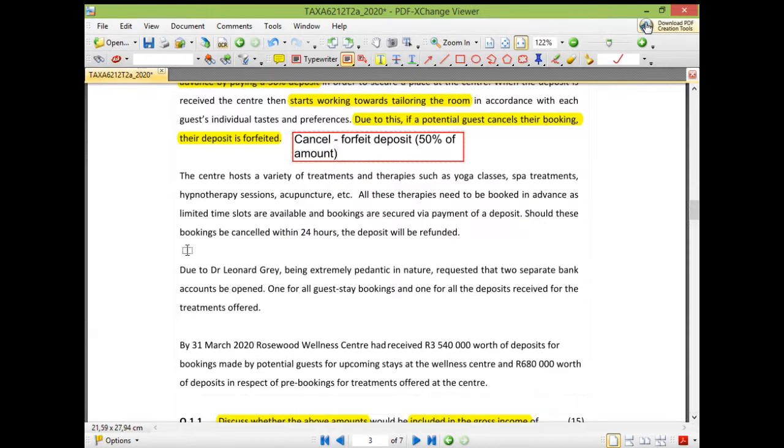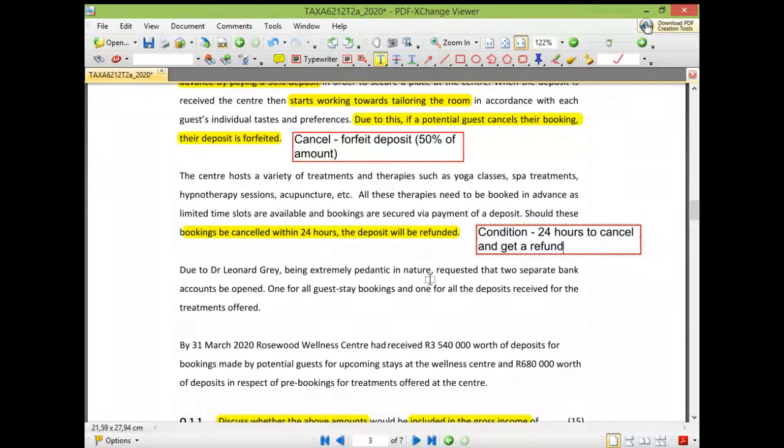Should these bookings be cancelled within 24 hours, the deposit will be refunded. So this one has a condition: you get 24 hours to cancel, and then they will refund it.